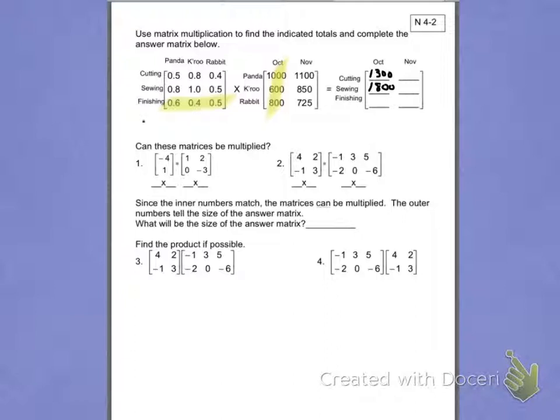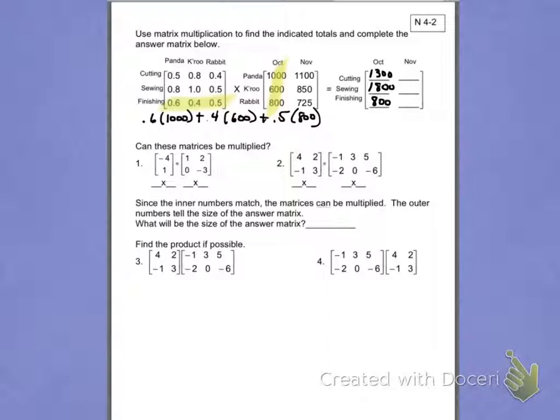We'd have 0.6 times 1,000 plus 0.4 times 600 plus 0.5 times 800, and that would give us the finishing hours in October. And so then we go over here and we put it where we have finishing for October, and that adds up to be 800.